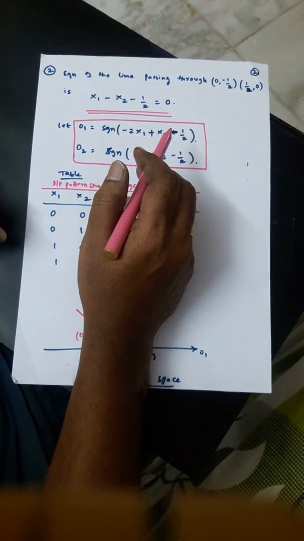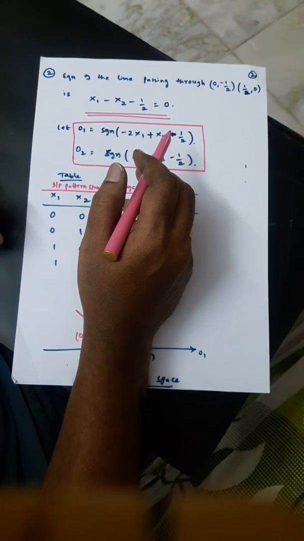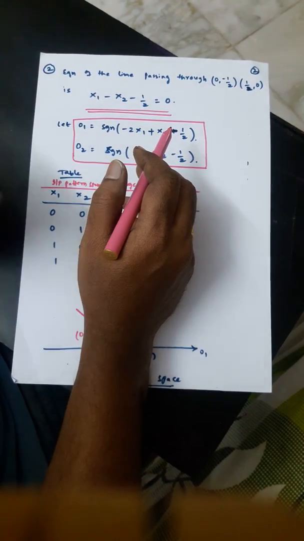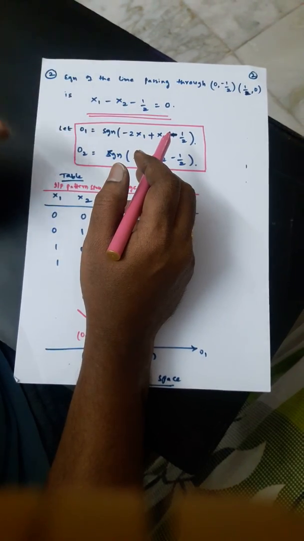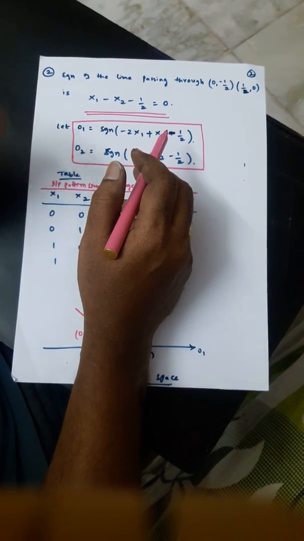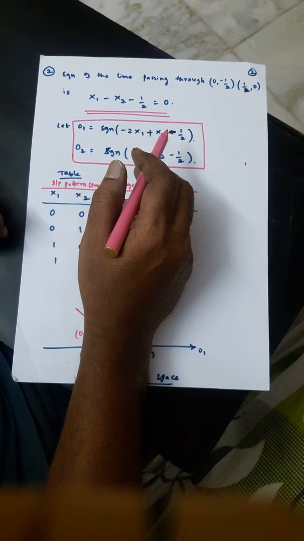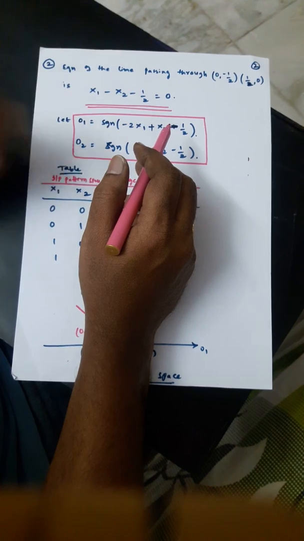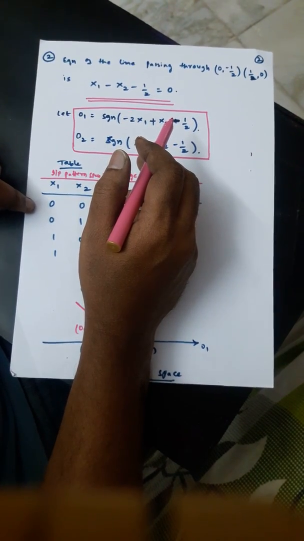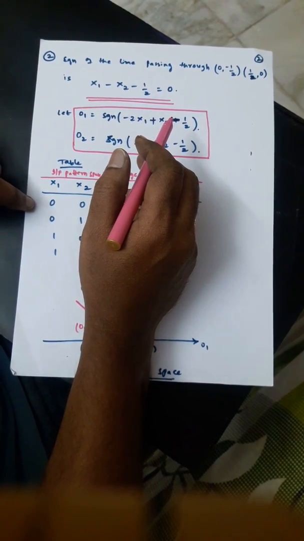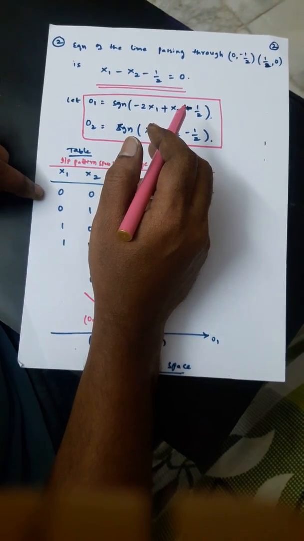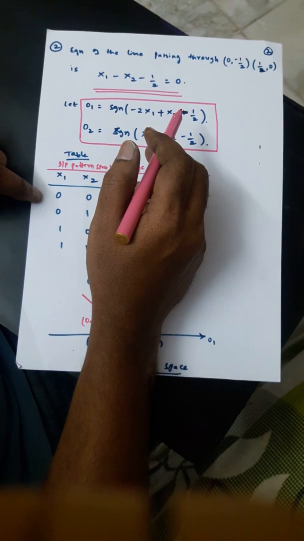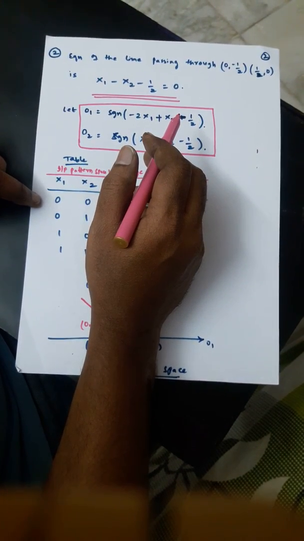Since the outputs of the logic gates are zeros and ones, let me consider a unipolar activation function, that is a signum function, where x is the activation value.